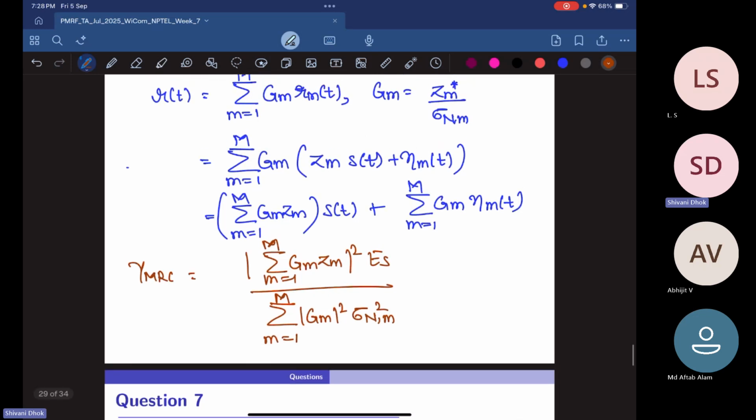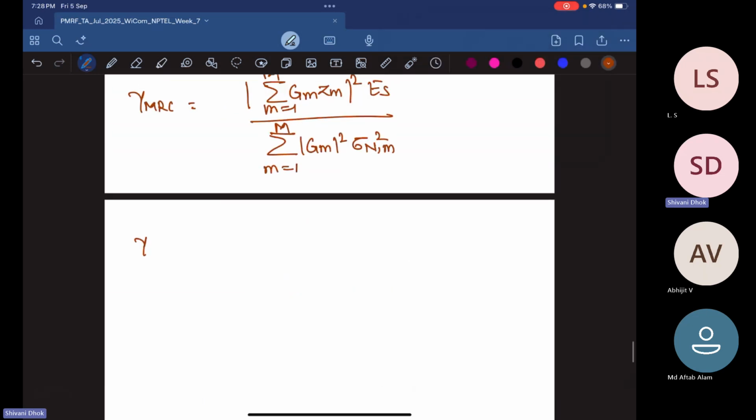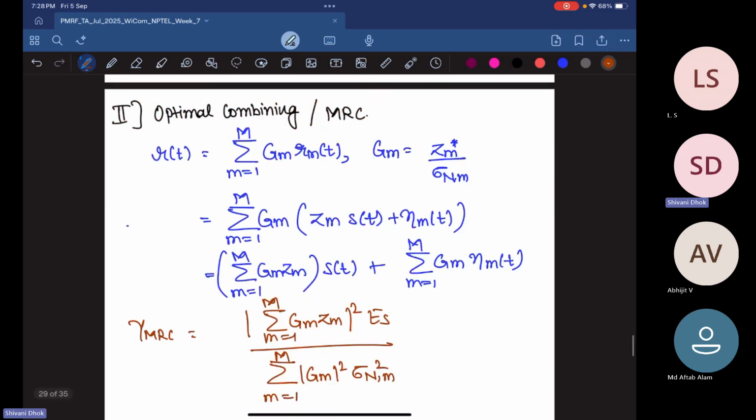Okay. Now your Gm was optimally obtained as Zm conjugate upon sigma nm square. So let us substitute that. So gamma MRC is equal to magnitude of summation m equal to 1 to capital M Zm conjugate upon sigma nm into Zm. There should be a square here, I think.